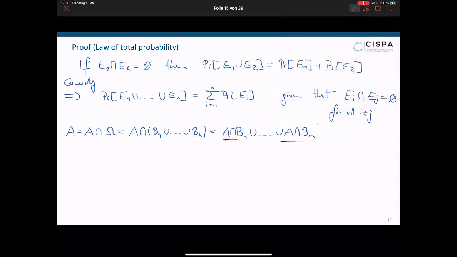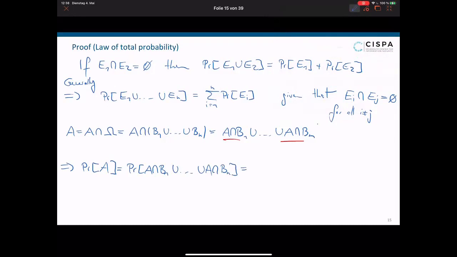Okay, so it follows that probability of A is the same as, well, we've just rewritten A here. Probability of A intersect B1, union, and so forth, A intersect Bn, but now we know that these A intersect Bi are disjoint.